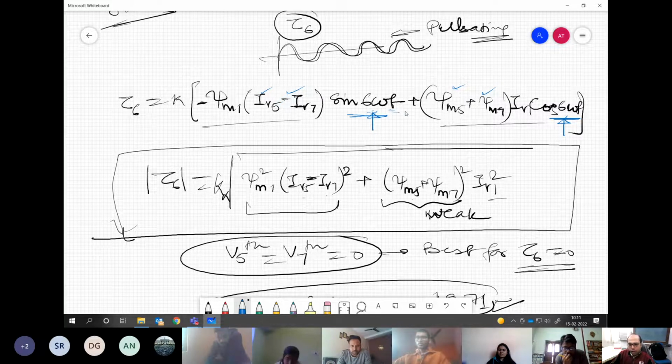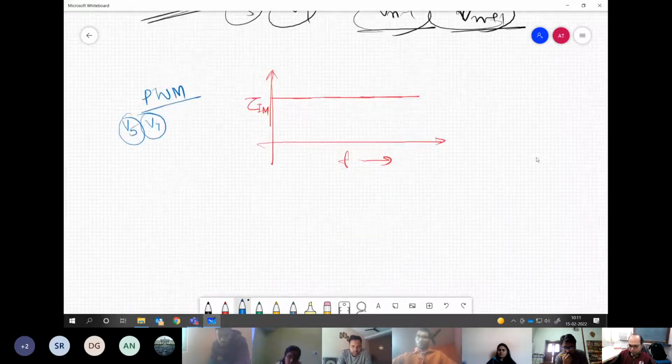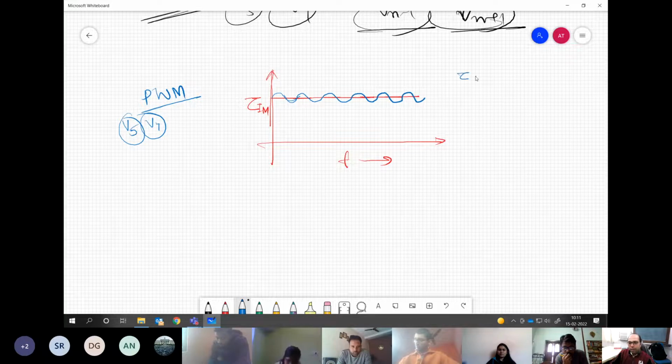So how will this look on the main torque? It will basically be a 6th harmonic waveform sitting on this DC component. Something like this; predominantly we are talking about 6th harmonic torque. We say 6th harmonic because it is changing at 6 times the fundamental frequency.